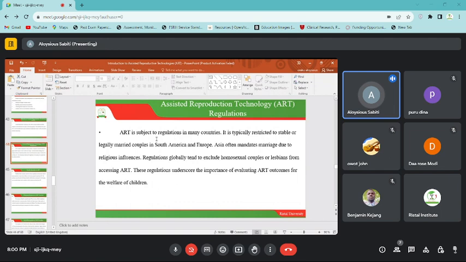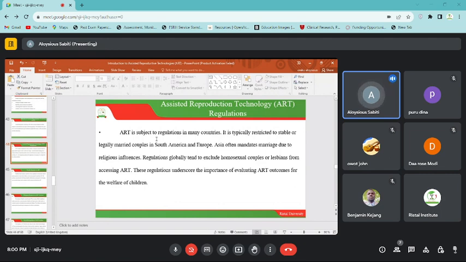So some of the countries regulate these ART procedures according to their own basis. For example, in Asia, it might be regulated according to the religious influences.